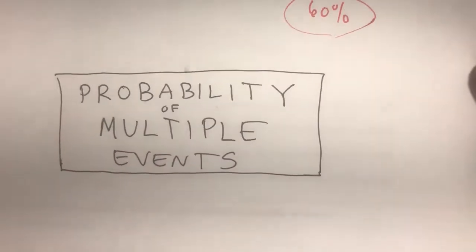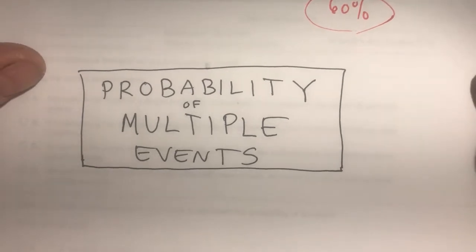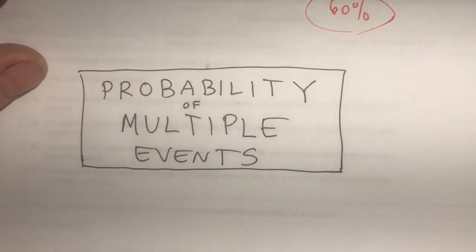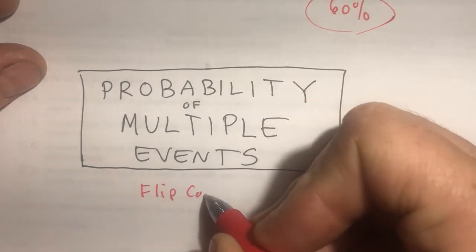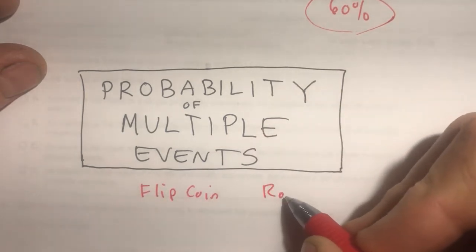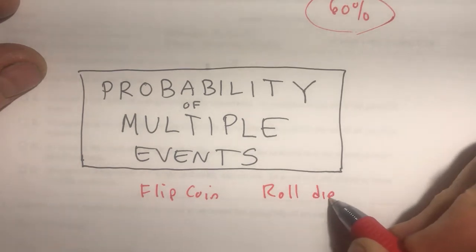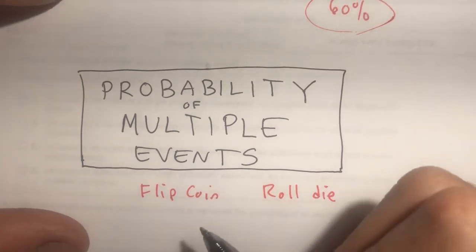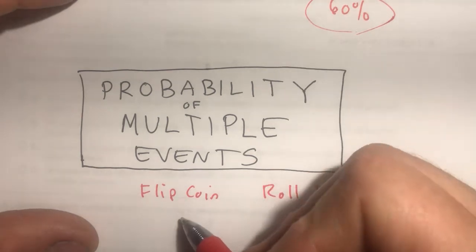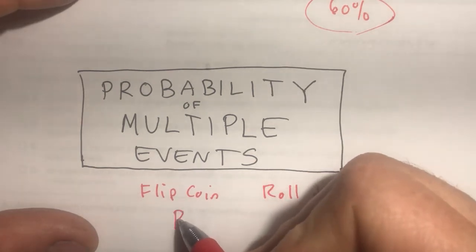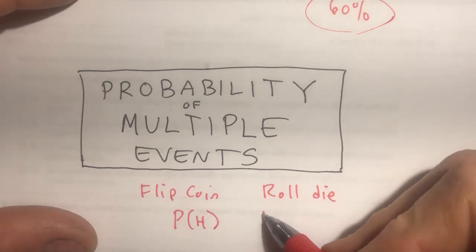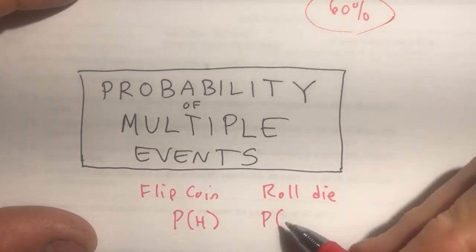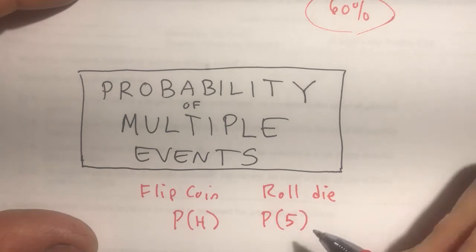Then we have a probability of multiple events. So like suppose I'm going to flip this coin and I'm going to roll the die. And suppose when I flip this coin, I want the probability of getting a head. And when I roll the die, I want to get a 5.